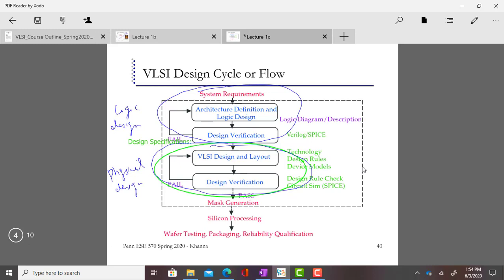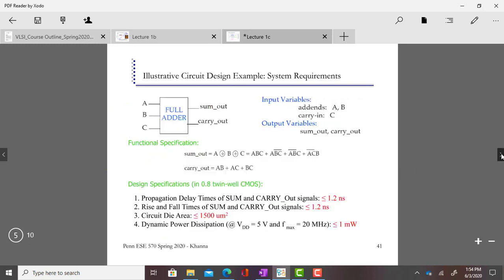So logic design and physical design. We talked about this in detail, that the physical design is about physical library gates, and it is about the generation of masks.